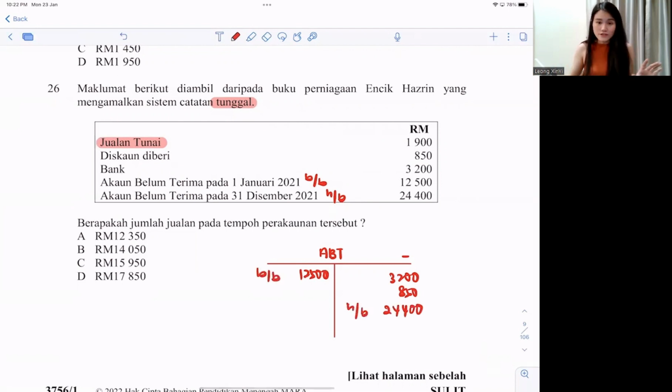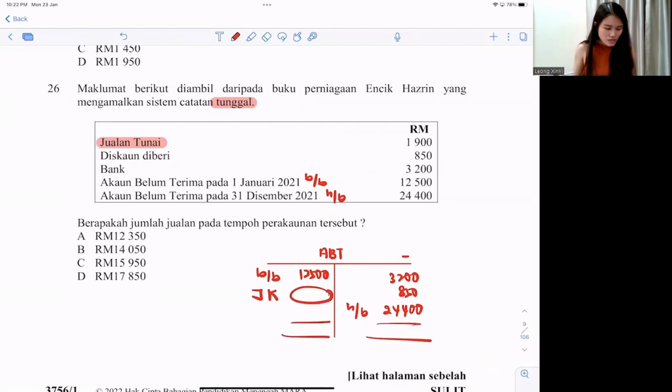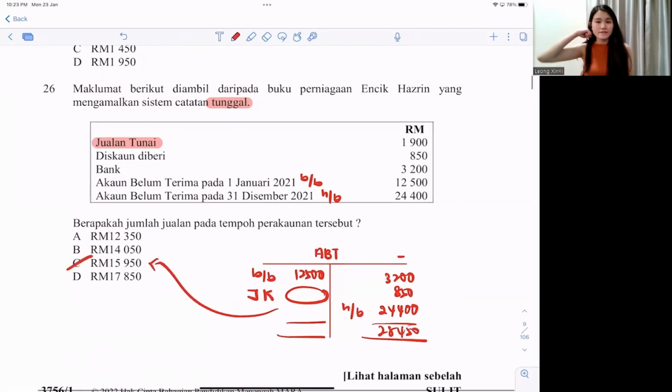Okay, so after you put everything in, then your jualan credit should be shown over here by balancing. Okay, now 3,200 plus 850, 24,400 is a 28,450 minus 12,500. Our jualan credit is 15,950.